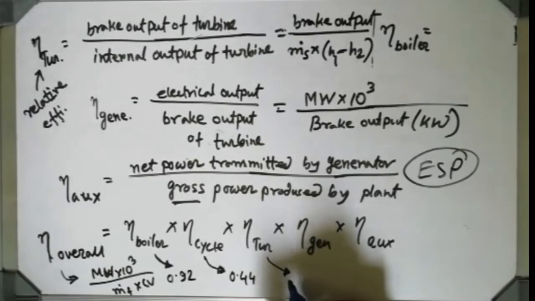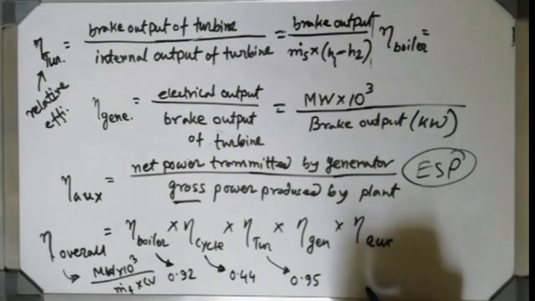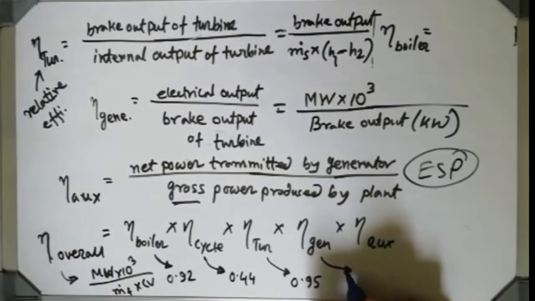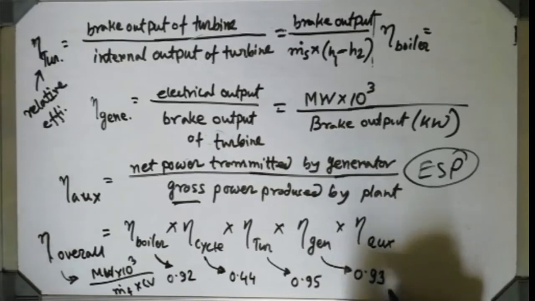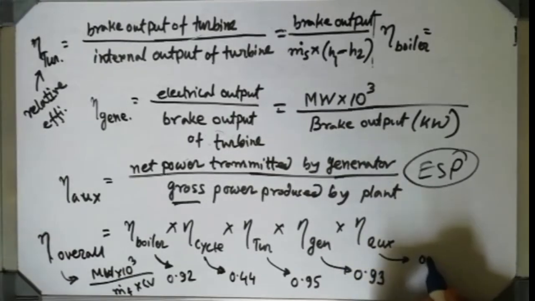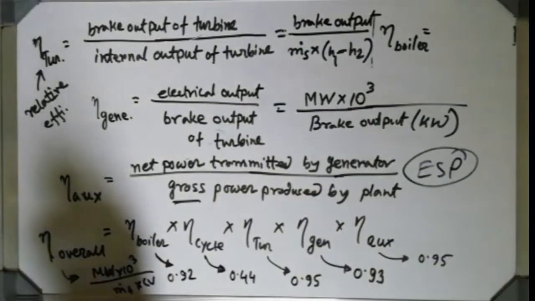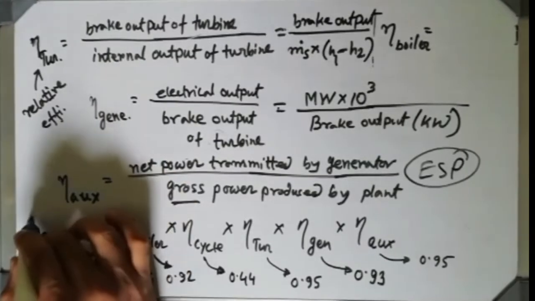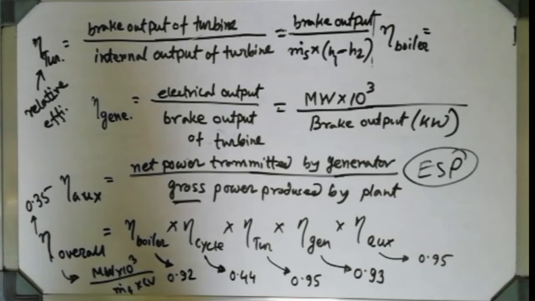Turbine efficiency gives a much higher value like 90 to 95%. Generator efficiency is also a very high value like 90 to 95%, and auxiliary efficiency is also around 0.95. Now if you multiply all these values, you can see the overall efficiency will come to around 0.3 to 0.4. That is the overall efficiency.